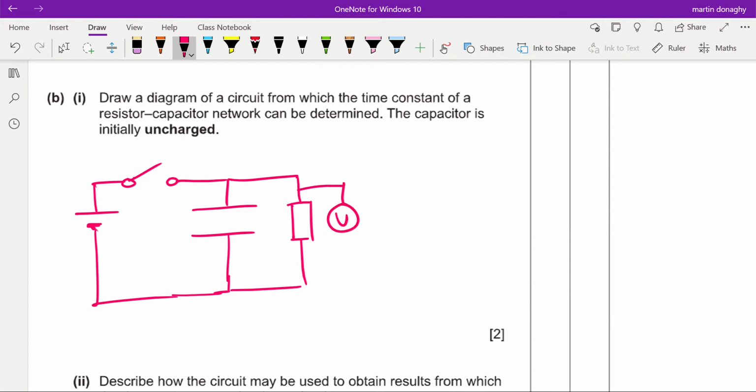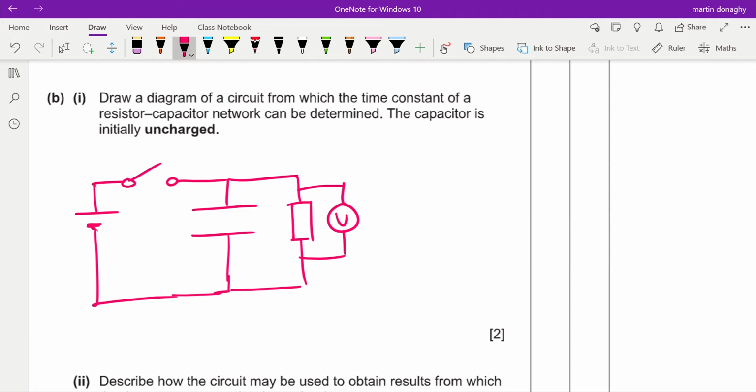So they put the voltmeter here, which is fine, because when it's discharging, all those things behave in the same manner. So we can use any of those equations that we've got: I equals I naught e to the minus t divided by tau, or the one involving voltage. So it doesn't matter whether we use a voltmeter or an ammeter there.